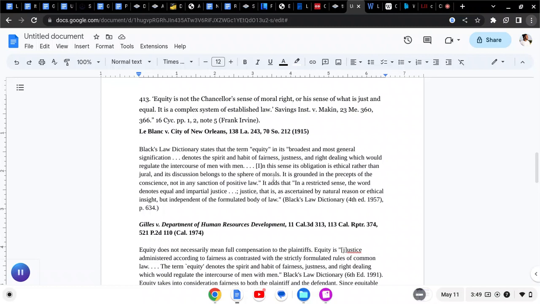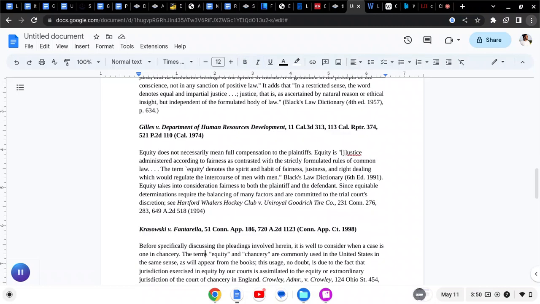This is very similar to common law. It is grounded in the precepts of conscience, not in any sanction of positive law. It adds that in a restricted sense, the word denotes equal and impartial justice, justice that is ascertained by natural reason or ethical insight, but independent of a formulated body of law. And there's the case citation that supports that contention.